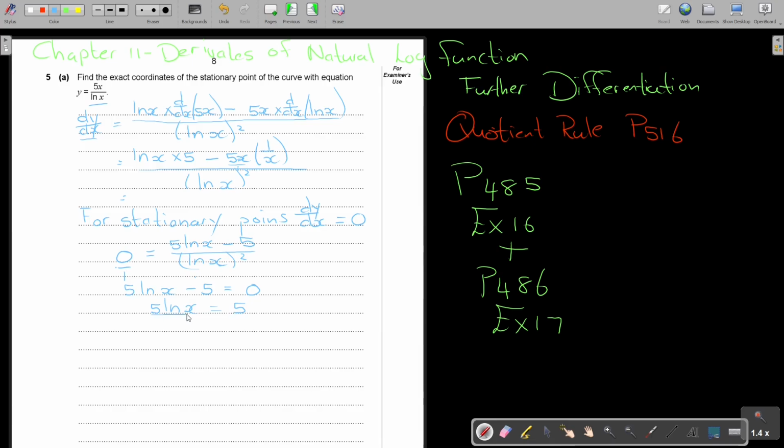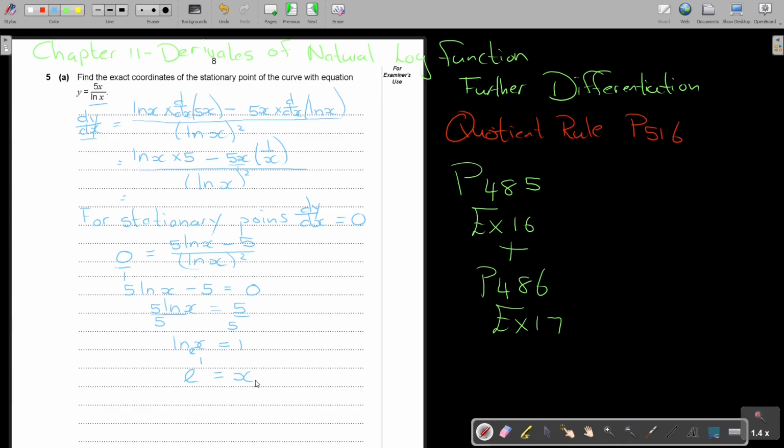And now I'm just going to divide by 5, and I will find that ln x is equal to 1. Then don't forget that for ln, the base is e. So I go from ln form to exponential form. So it will be e to the power 1 equals x. And that's my value of x.